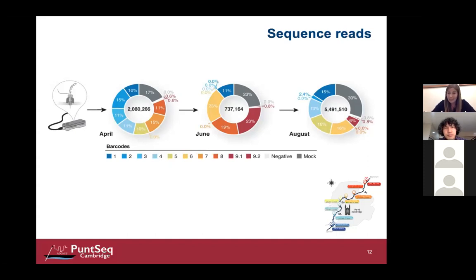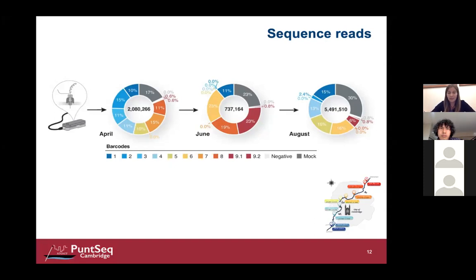You see that there's a high variability between the number of sequence reads that we get per flow cell. In August, we get more than 5 million. In June, we don't even get 1 million. And we are still not sure why this has happened. It can partially be explained by the DNA concentrations that we put in, so we can definitely recommend trying to get as high DNA concentrations as possible, but it can't be fully explained by that.